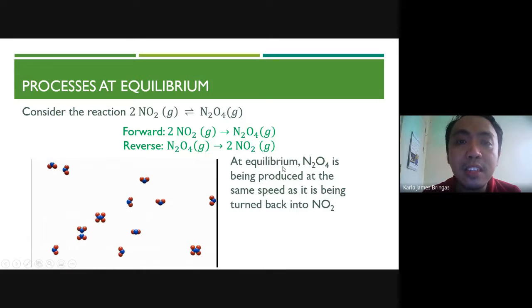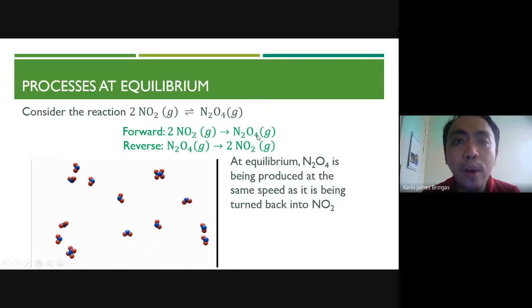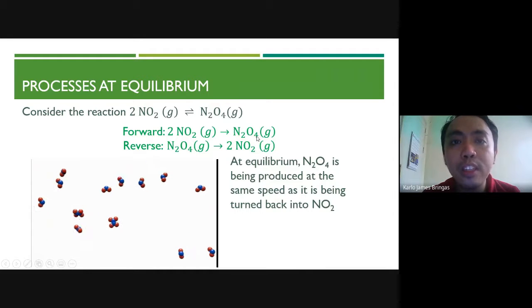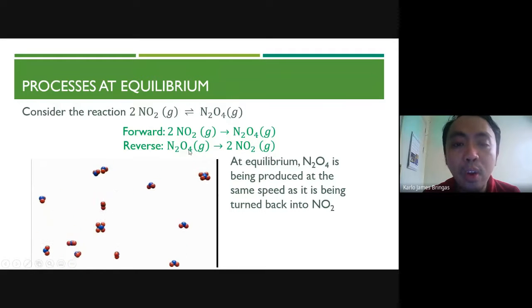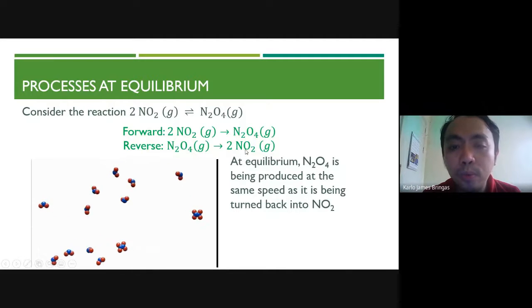So that tells us that at equilibrium, there is no longer any change in the composition of the system. Whatever N2O4 is added to our system is being offset by the N2O4 that is lost when that other N2O4 breaks down to produce again the 2NO2.